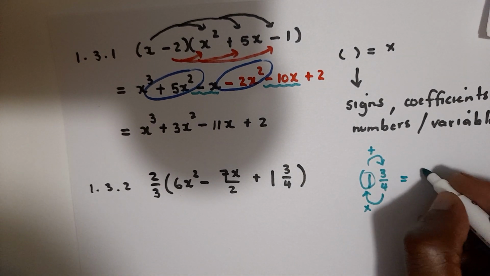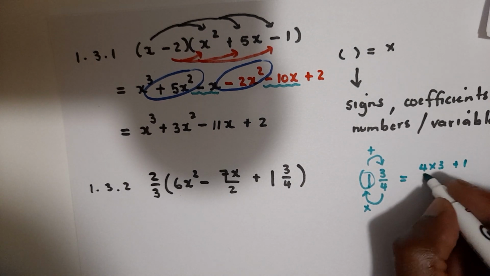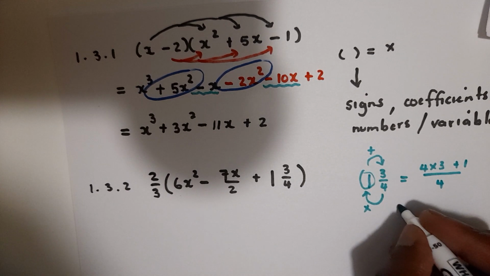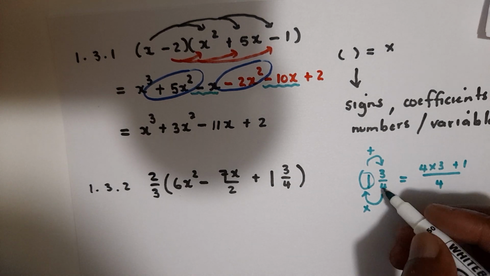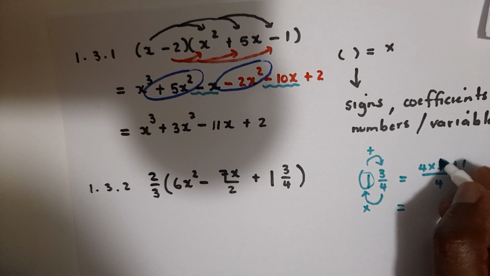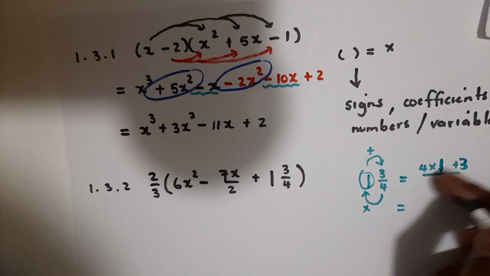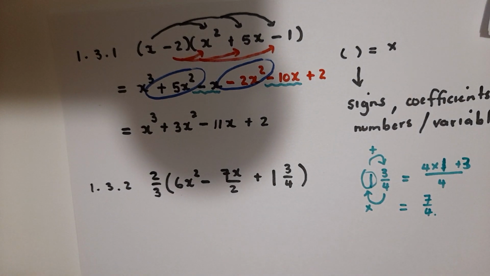So this becomes 4 times 1 plus 3, everything divided by the denominator here, which is 4. 4 times a 1 is a 4, plus 3, it's a 7 divided by 4. Pardon me on that one.